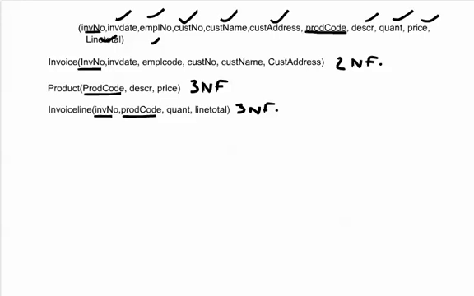For example, customer name is actually dependent on the customer number. The invoice number can tell us which customer number has taken part on the invoice, but the invoice number does not determine the customer number. So that is a transitive dependency.